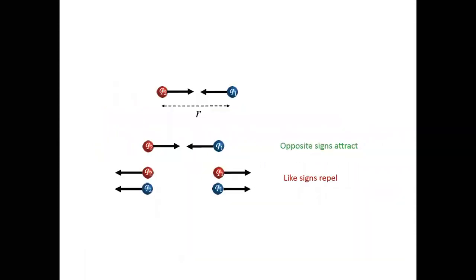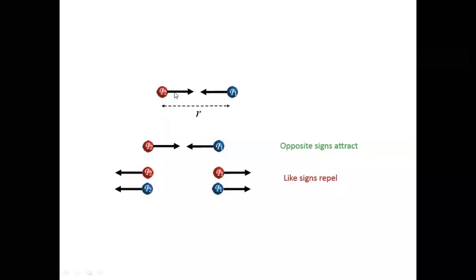Now, let's consider that the blue colored point indicates the charge named Q1, and the red colored point is named Q2.